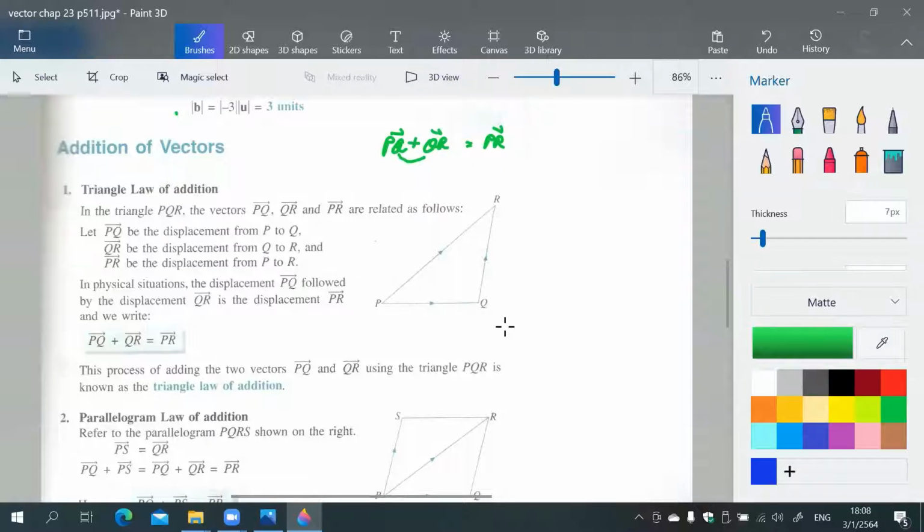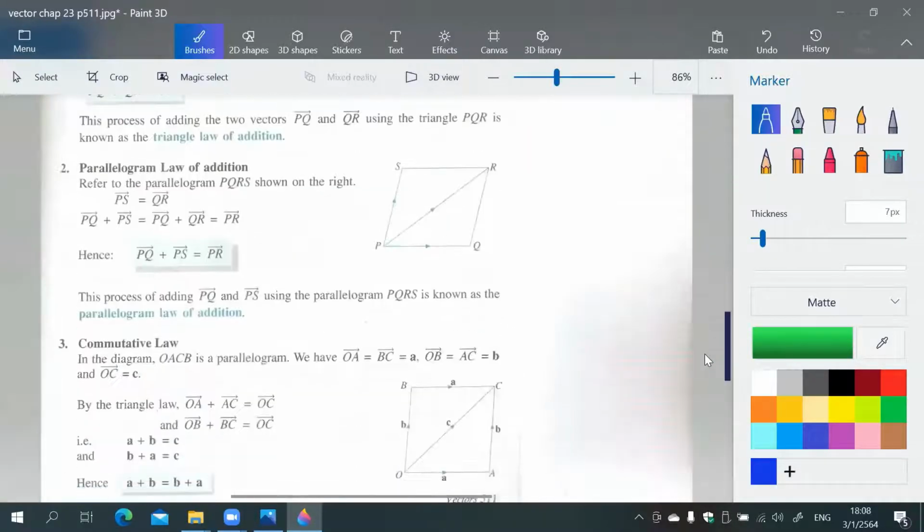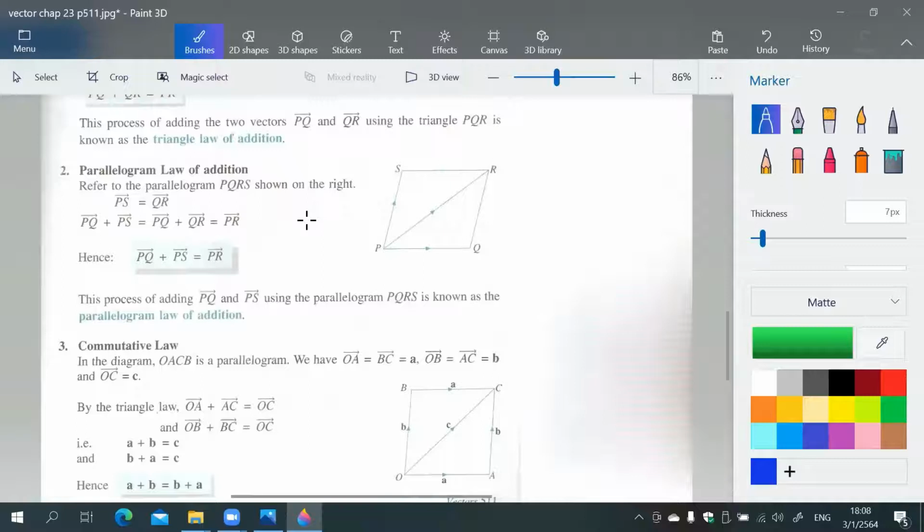Now go to the next one: the parallelogram law of addition. If we have parallelogram PQRS, vector PS equals QR, going in the same direction.